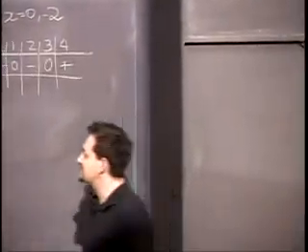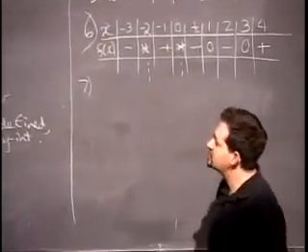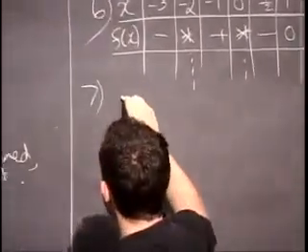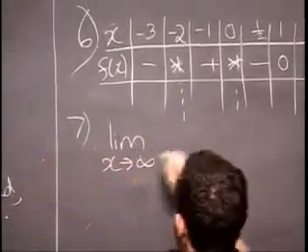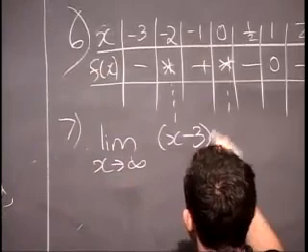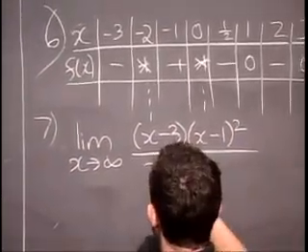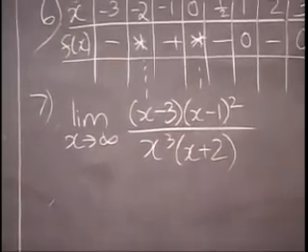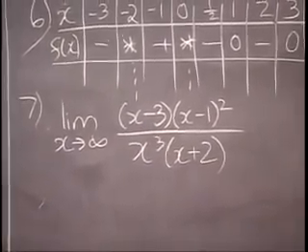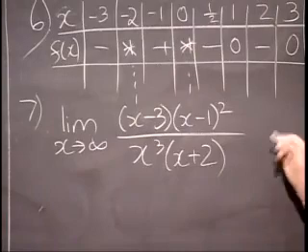All right, the last step before calculus, step 7, is to try to see what happens as x goes to infinity. So let's take the limit as x goes to infinity of the function x minus 3, x minus 1 all squared over x cubed times x plus 2. The simple thing to do is to notice that the top has degree 3 and the bottom has degree 4. But you actually don't have to do that.